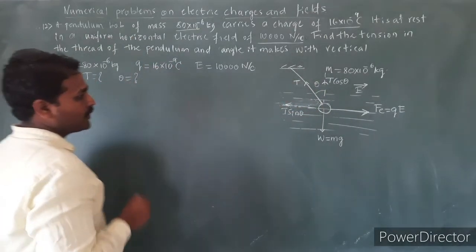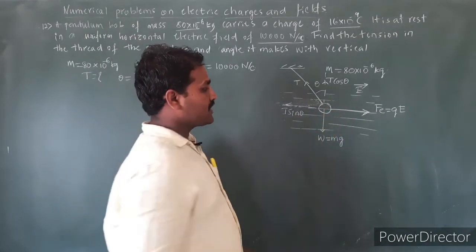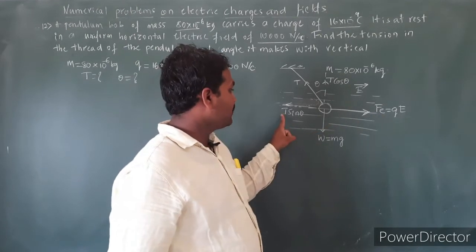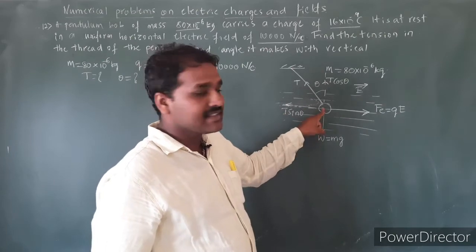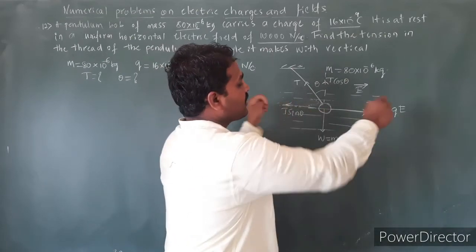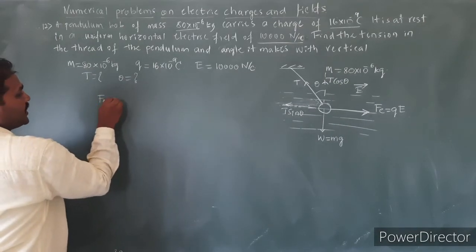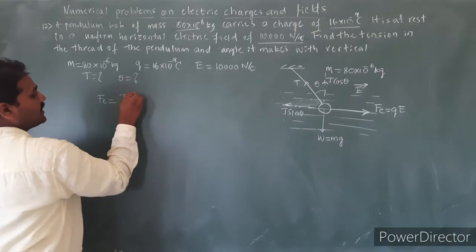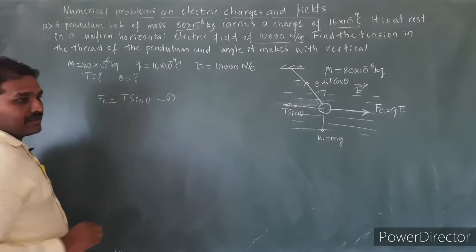When I equate horizontal forces here, there are two horizontal forces. One is the electrostatic force along the positive x direction and T sin theta along the negative x direction. Since it is in a state of rest, these must be equal to each other. So I can write Fe, the electrostatic force, must be equal to T sin theta. Let this be equation number 1.